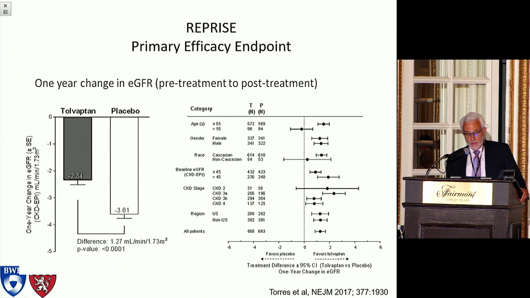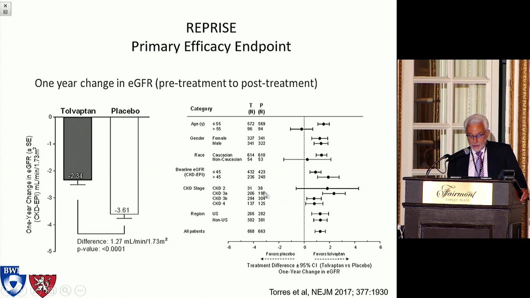So tolvaptan in the REPRISE trial met its primary endpoint. There was a significant preservation of GFR by 1.27 mLs per minute. This was seen in individuals younger than 55, but not seen in individuals 55 and older. Same in men and women. Not a significant benefit in a non-Caucasian group, but a very wide standard deviation reflecting that some of these individuals had benefited.